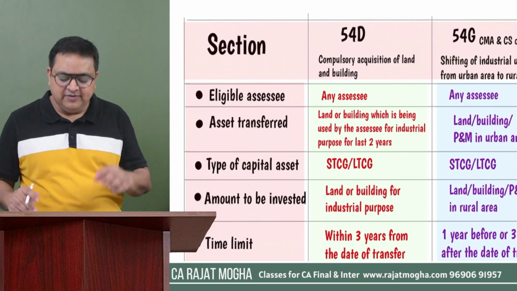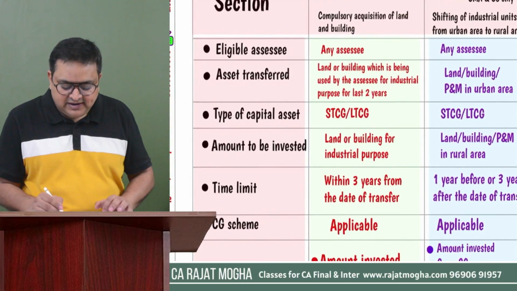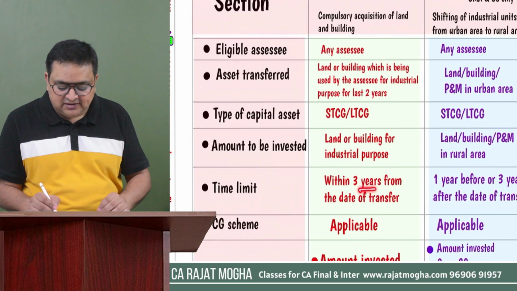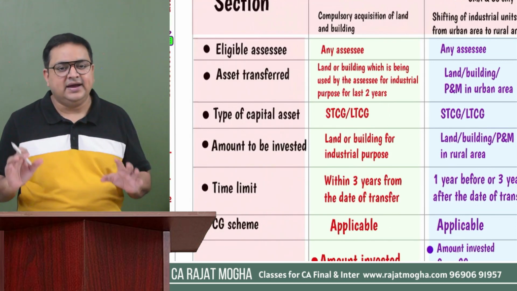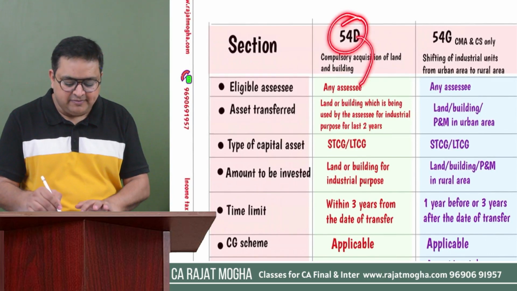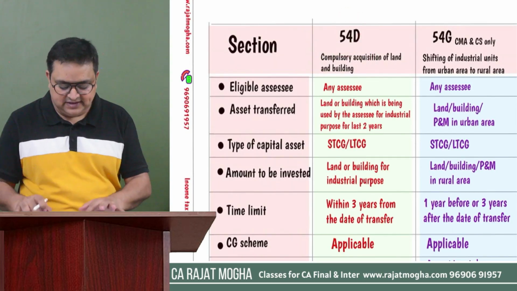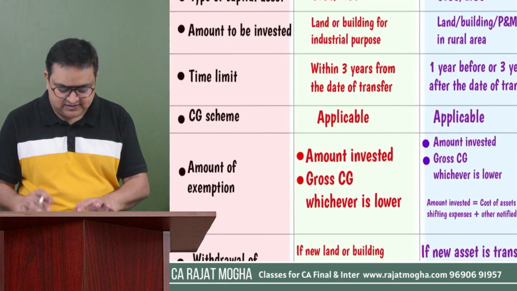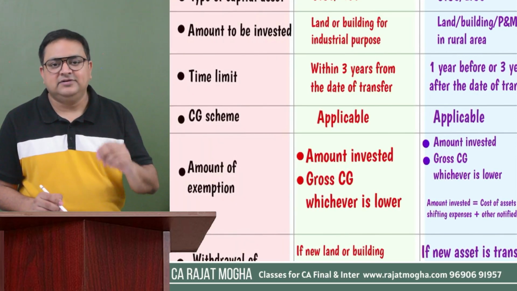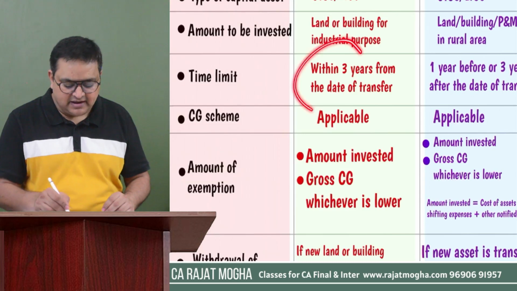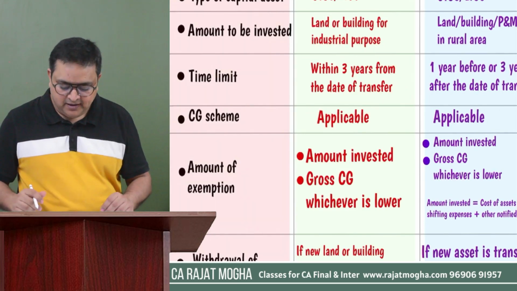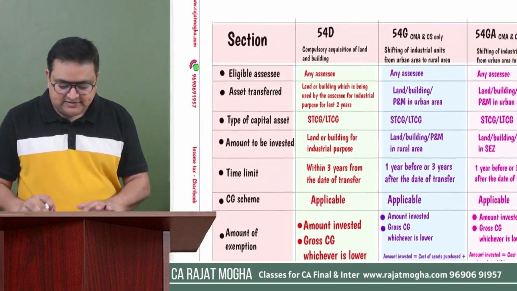But if they purchase industrial land or building within 3 years from the date of transfer, they can get capital gain exemption under section 54D. 54D is applicable for all assessees, and the amount would be the same, amount invested or capital gain, whichever is lower, right? And again, capital gain scheme is applicable because you have been given 3 years. So this was about capital gain chapter.